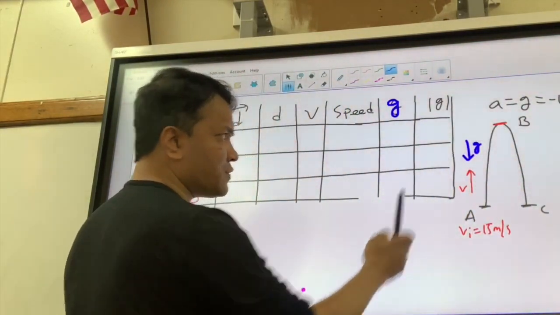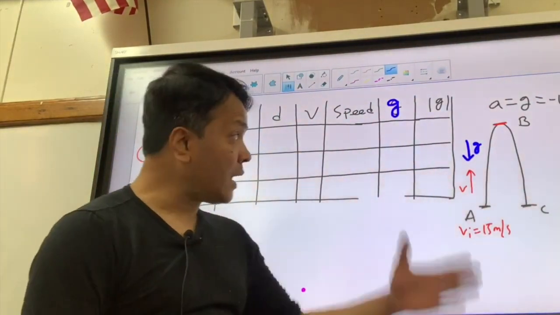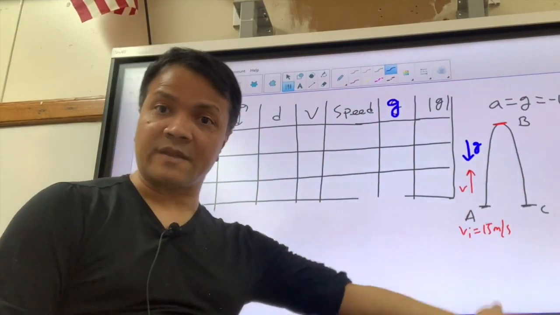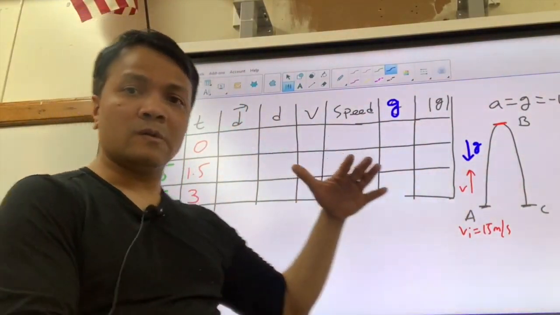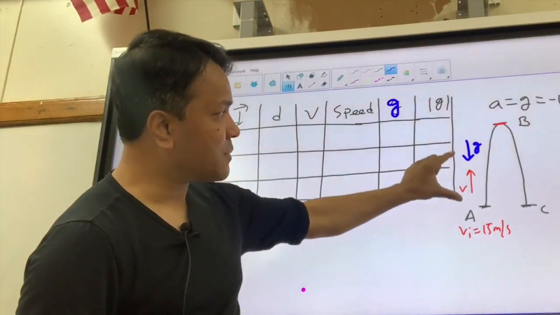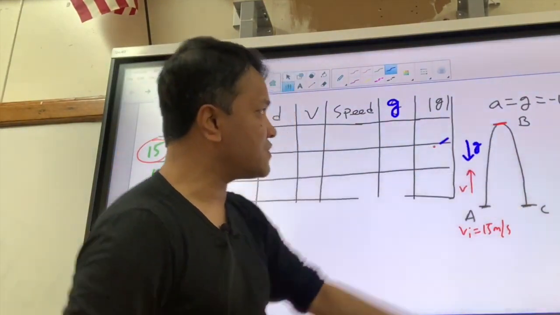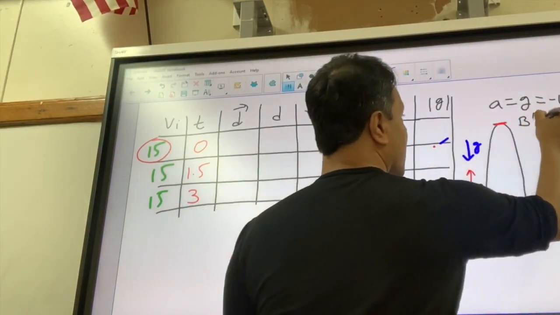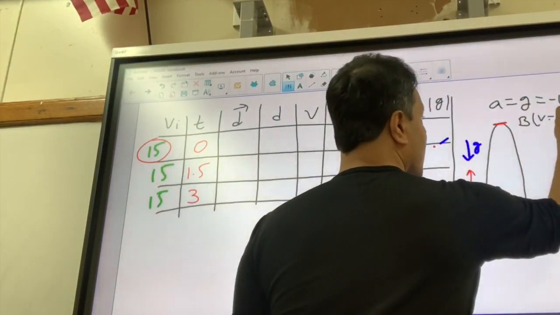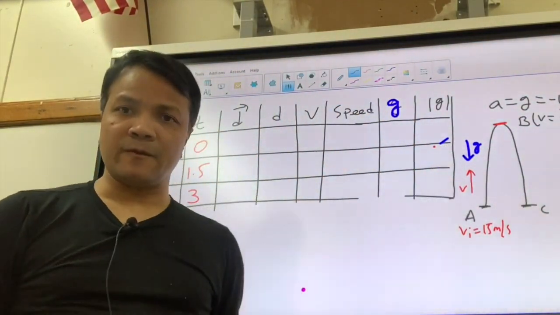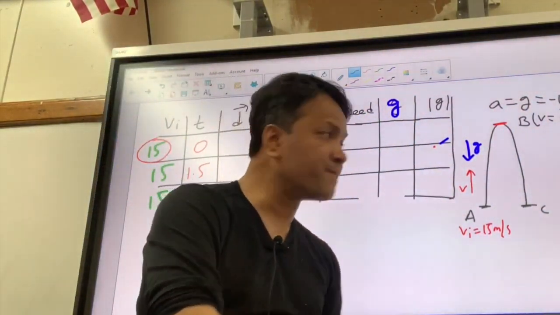The red fights with the blue, because the acceleration vector is negative 9.8 meters per second every second. So the red vector becomes smaller, and eventually 0. So the velocity at the top is 0, because it is fighting with the acceleration due to gravity.